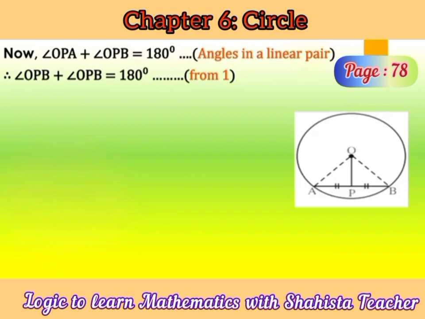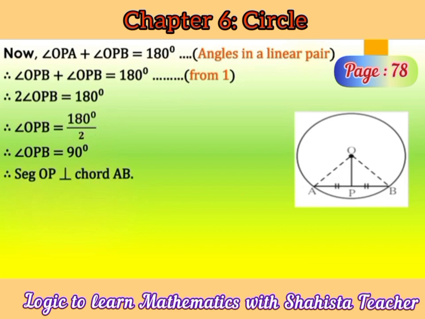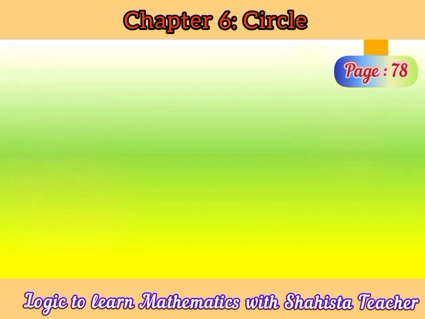Now here 2 times angle OPB is equal to 180. So angle OPB is equal to 180 divided by 2, that is 90 degrees. So angle OPB is equal to 90 degrees, that is a right angle. So segment OP is perpendicular to chord AB.